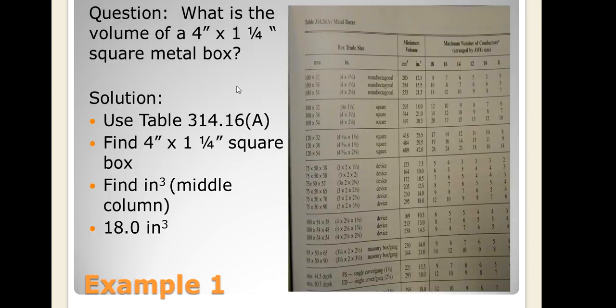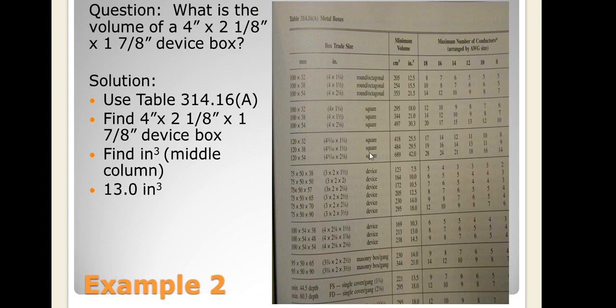So to get you familiar with the tables and how to use them, we've got about 8 examples here that we could go through. First example is, what is the volume of a 4 by 1 1/4 inch square box? You find the square boxes, you go to 4 by 1 1/4, and you see that it occupies 18 cubic inches.